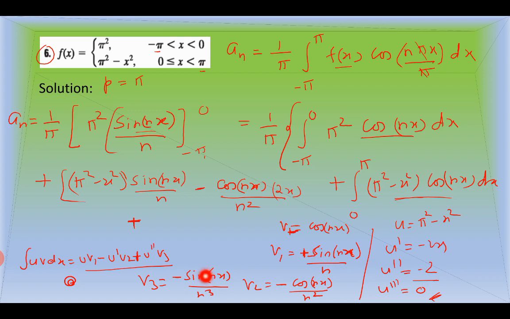See, 2 sin nx, u double prime is negative 2, v3 is sin nx over n cube. The entire limit is from 0 to pi.